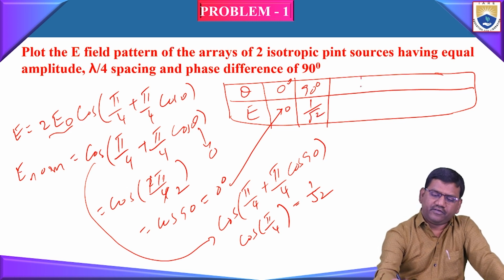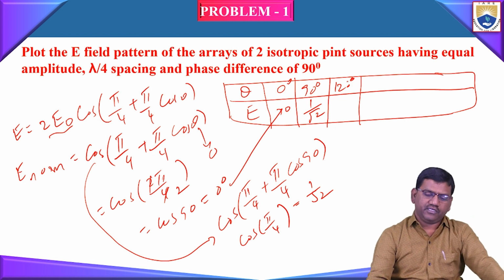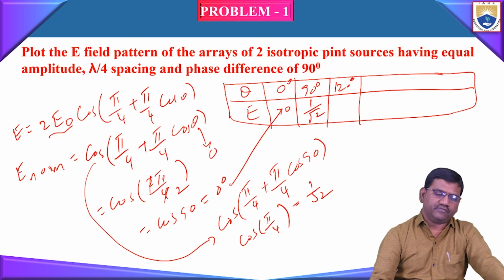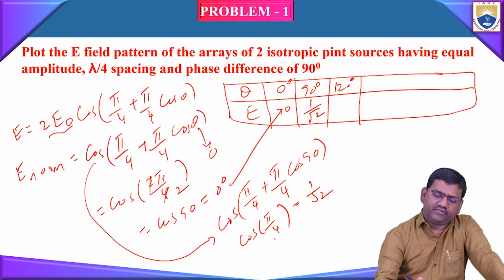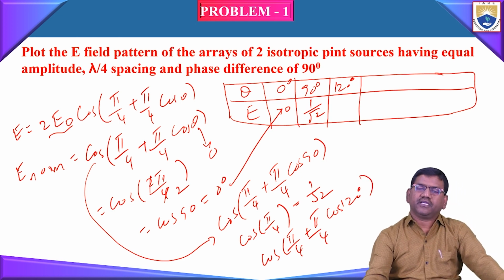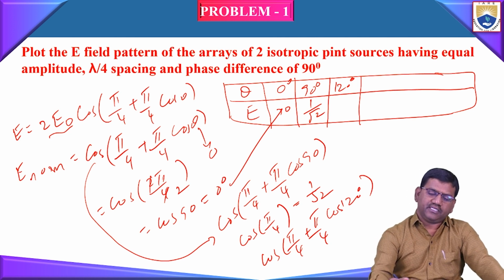Now similarly, let us try for 120 degrees. If you substitute theta as 120, you get cos of pi by 4 plus pi by 4 cos of 120 degrees. Cos of 120 is cos of 90 plus 30, which is minus sin 30, so minus 1 by 2.